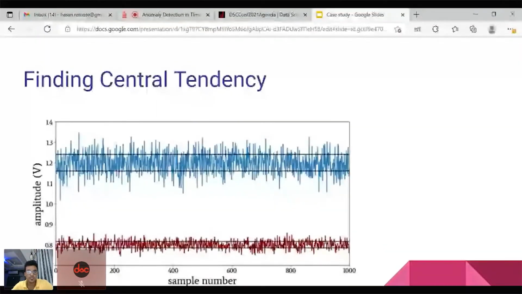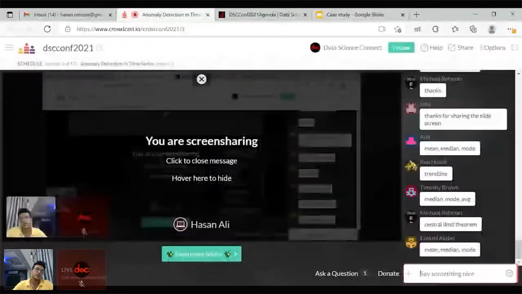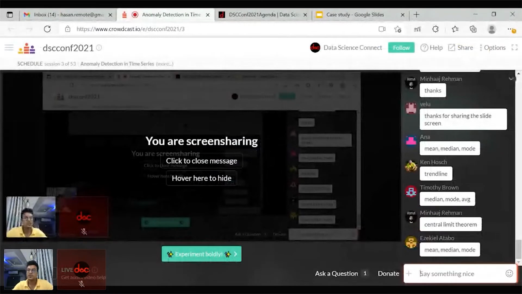I hope this point is clear. How can we find out the outliers or anomalies away from the mean, median, mode, right? Which is basically by using the central tendency method. Yep. All right.